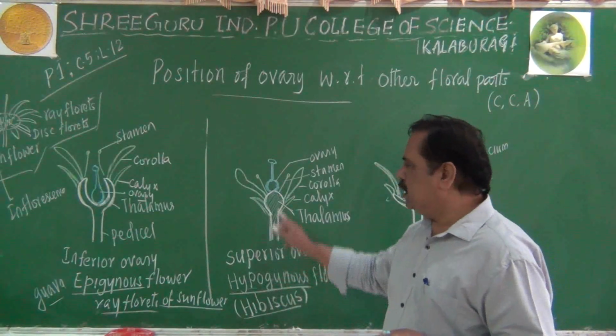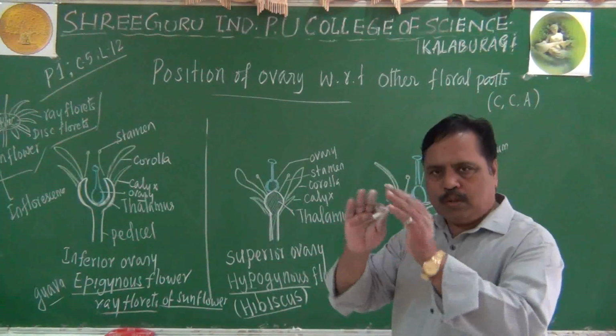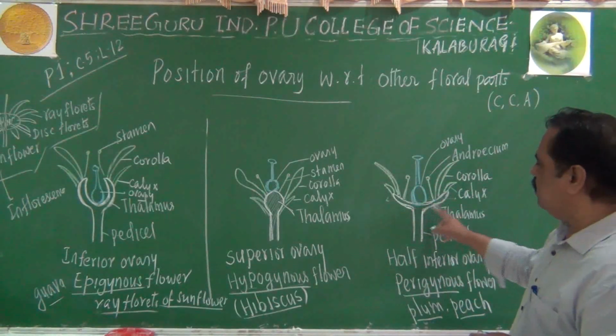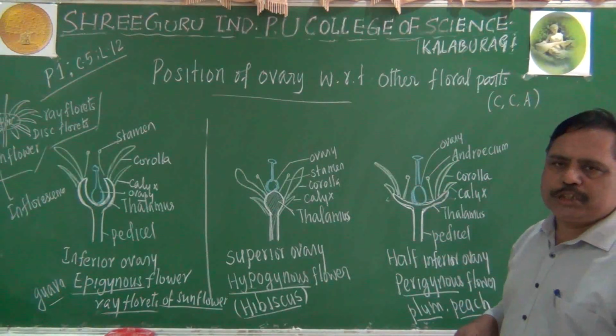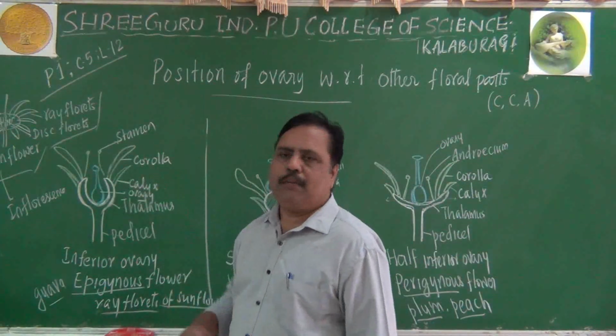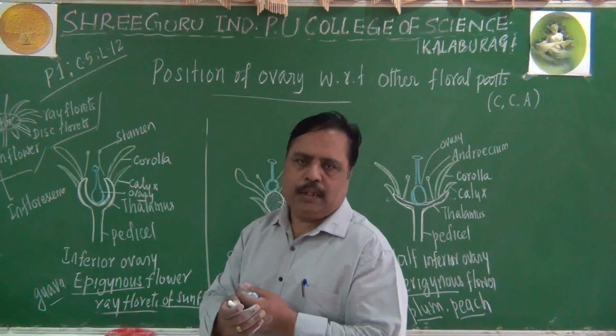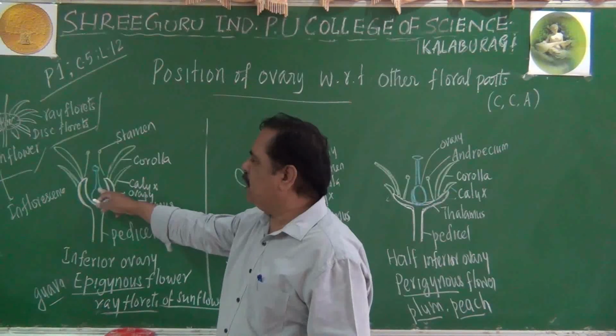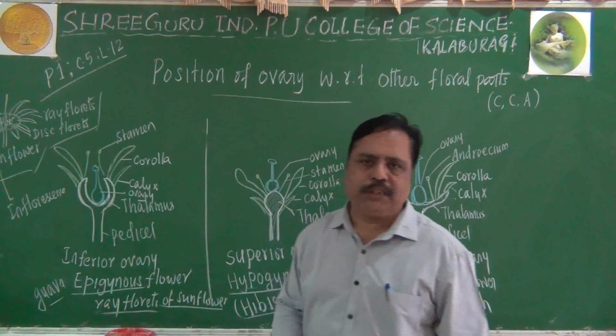In hypogynous flower, thalamus becomes dome shaped. In perigynous flower, thalamus becomes flat boat shaped. In epigynous flower, thalamus becomes cup shaped, otherwise sunken like this, where inferior ovary is present.